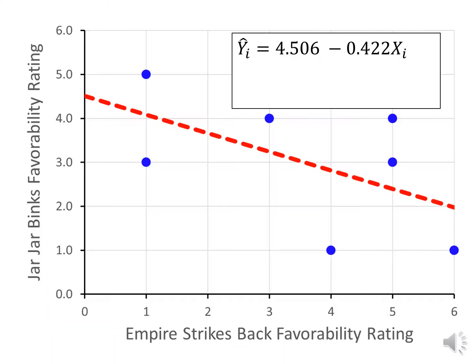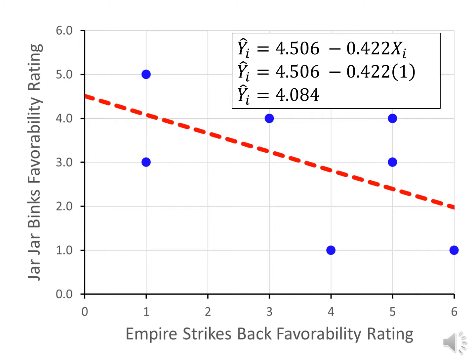Okay, so let's use the regression line to predict how they would rate Jar Jar Binks if they really didn't like Empire Strikes Back and only gave it a rating of 1. We'll take the regression equation and plug in 1 for our value of x. So our predicted Jar Jar rating is 4.506 minus 0.422 times 1, which gives us a predicted Jar Jar rating of 4.084.